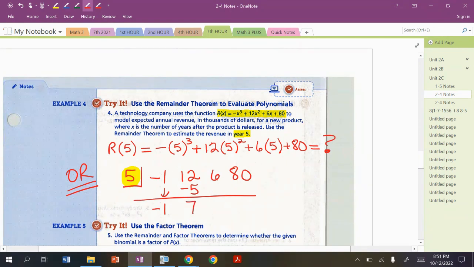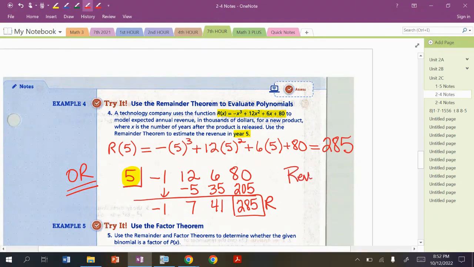Add going down, multiply, we get 35. This is 41. Again, adding, multiplying, that's 205. Add, and that's 285. This is our remainder. So that means if we were to evaluate this equation for x equals 5, we would get 285.